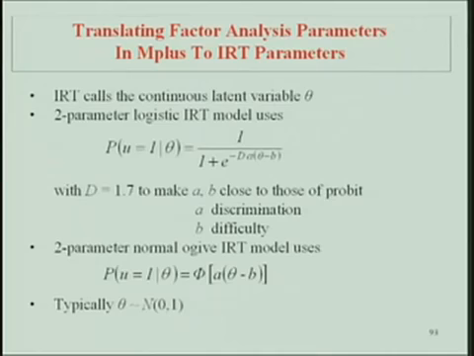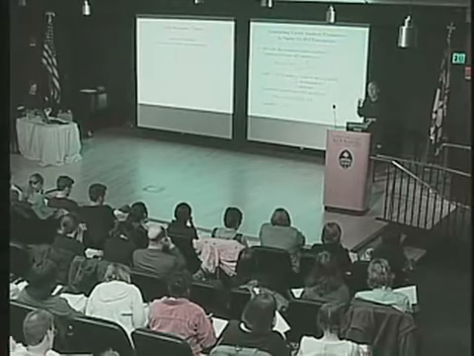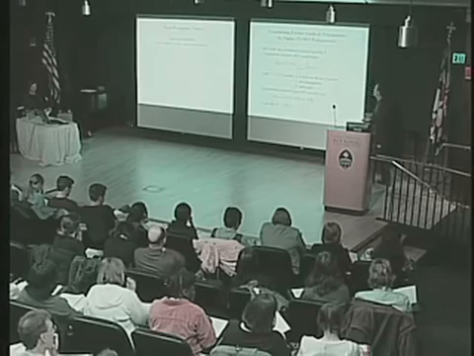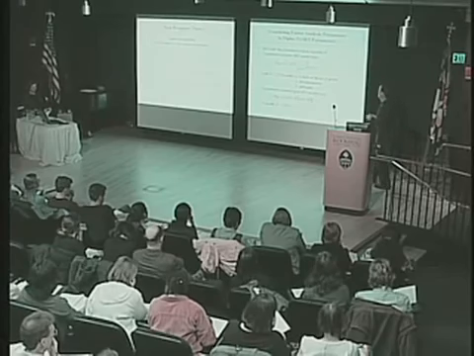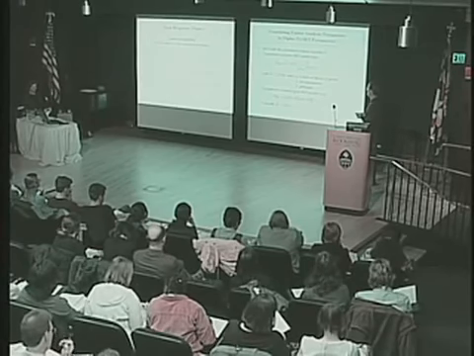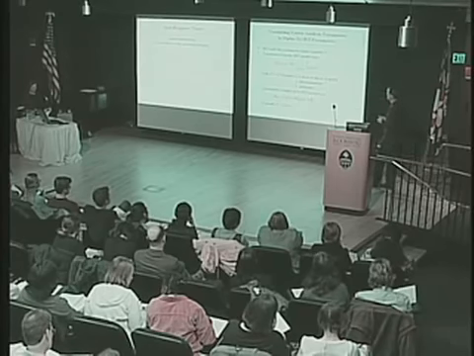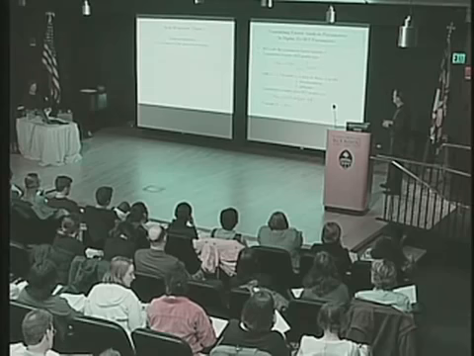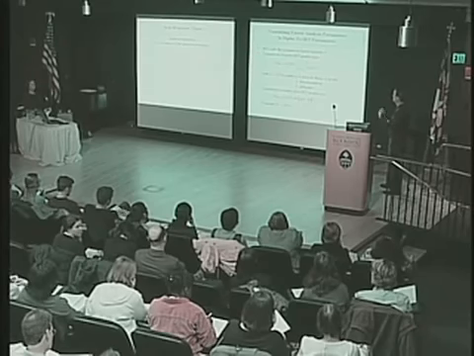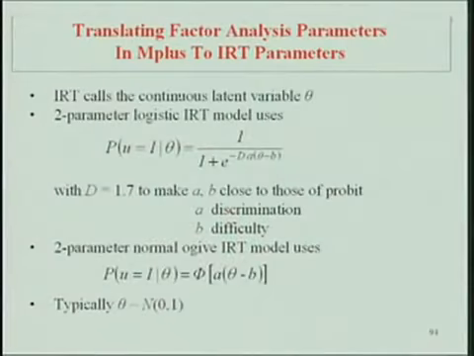This is a logistic regression model with two parameters, like an intercept and a slope, except they change it a little bit. They use 1.7 so that the intercept and slope coefficients will be close to those of probit. If you make that 1.7, then the A's and B's for logit come out close to those of probit. So you go back and forth there, you won't be shocked at the almost 2 times difference.